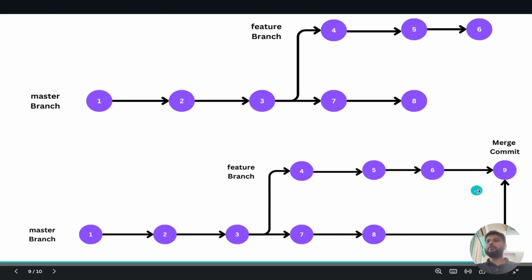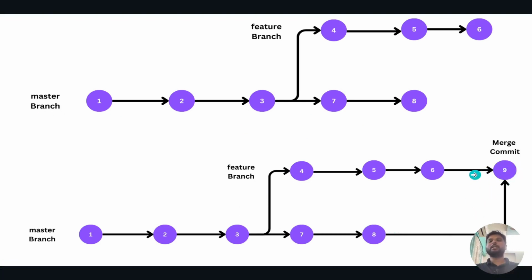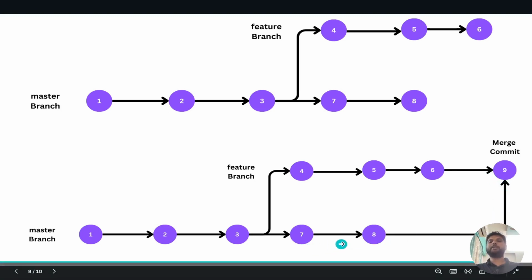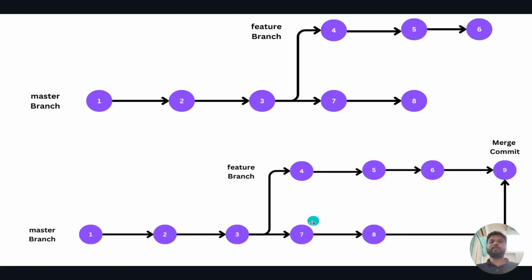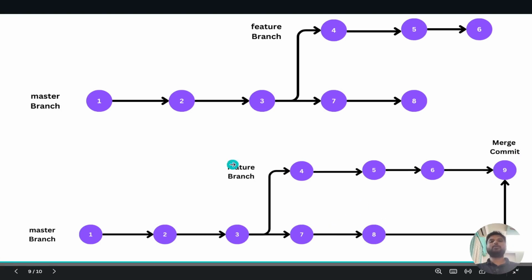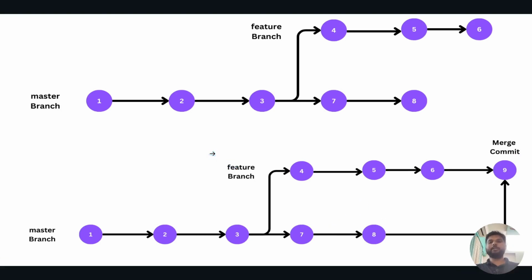Basically, there will be an additional merge commit that will be made inside the feature branch, and it will link all the changes which are present in the master branch. So this merge commit will contain all the records which are updated in the master branch. So that's the difference between rebase and merge.